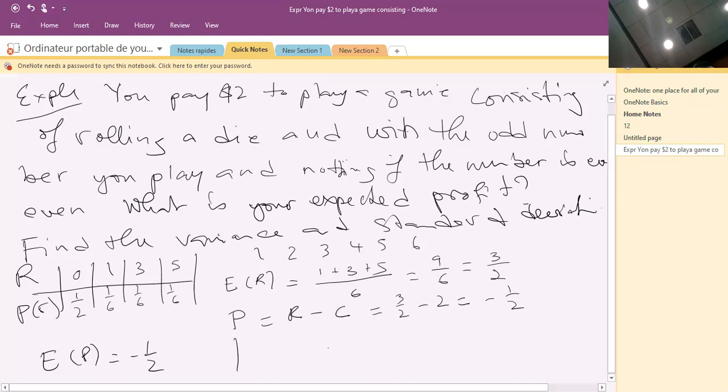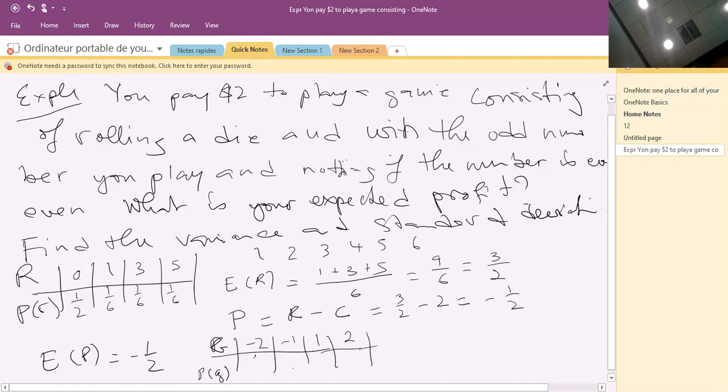We could also do it directly. Let's call it gain, the distribution of gain. When you get a revenue of 0, you lose $2. When you get a revenue of 1, you lose $1. When you get a revenue of 3, you win $1. When you get a revenue of 5, you get $2 profit.